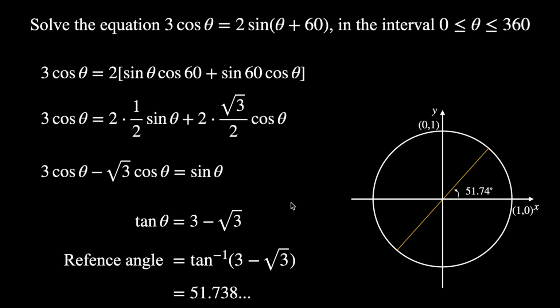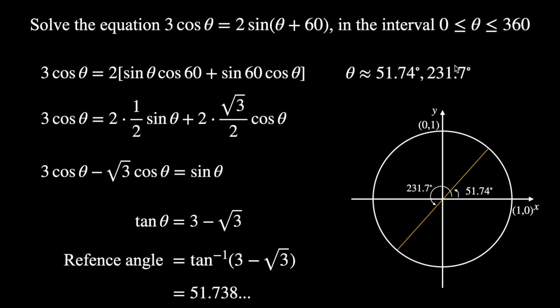And then in this interval, we're going to have another solution, the angle of rotation to the second radius. That's going to be 180 plus 51.74, which is about 231.7. So we get solutions for theta of approximately 51.74 and 231.7.